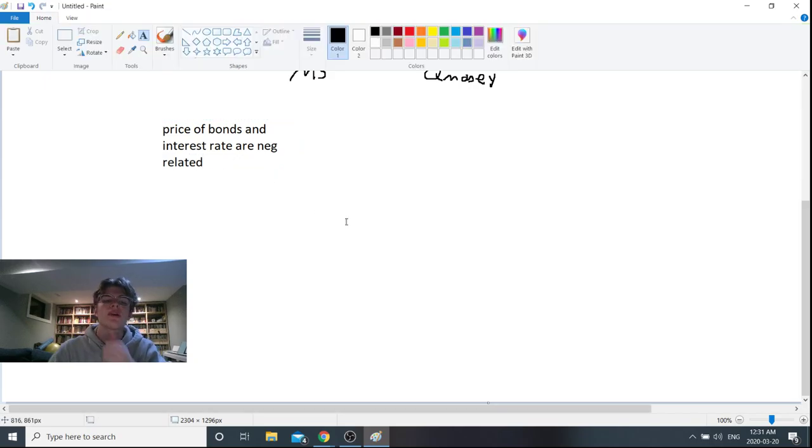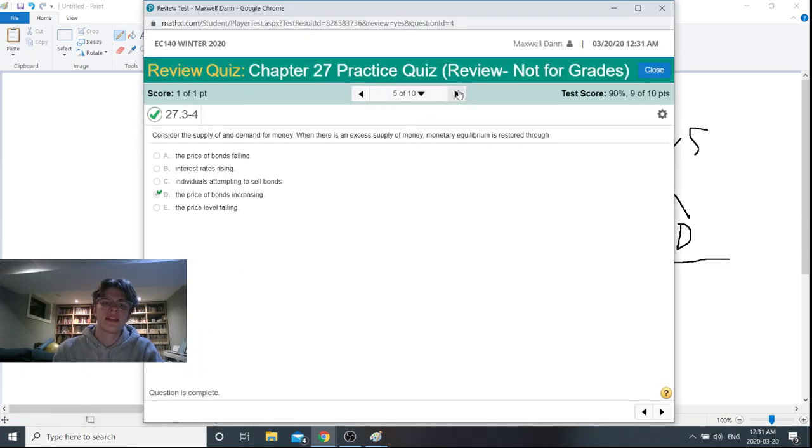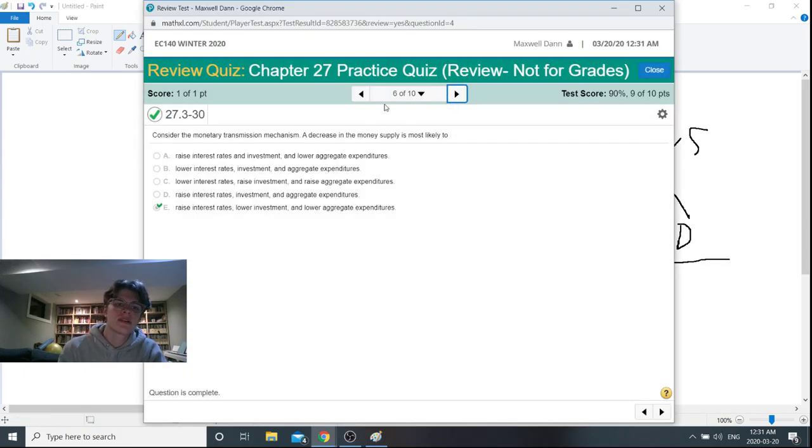When one goes up, the other goes down. So when the price of bonds is rising, that means the interest rate is going to fall. So our interest rate is going to fall back down here, and we're going to get back to monetary equilibrium at I star. Just like that. That's how you answer that question.